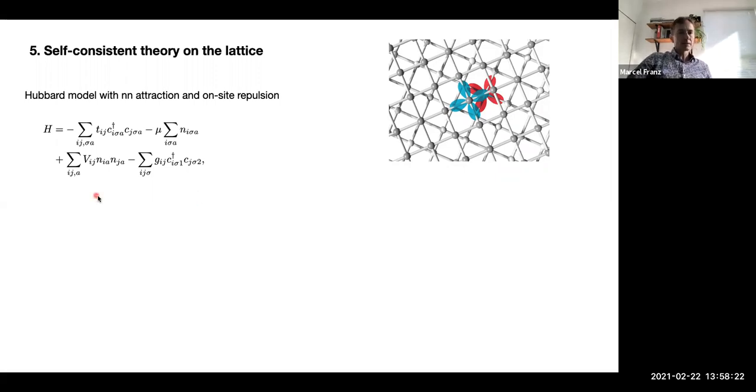So what we start from is a Hubbard model with attractive nearest neighbor interactions, and this is known for a single layer to produce reliable D-wave superconductivity. This is a kind of standard model that people use when they want to model D-wave superconductors in various situations.